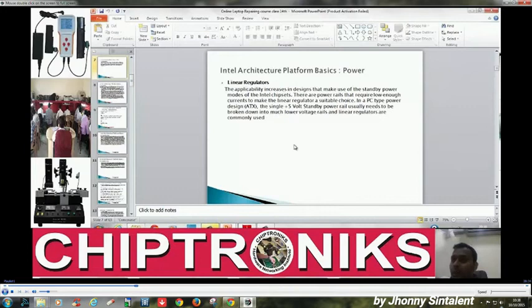Similarly, in the notebook motherboard, when you plug in the adapter or insert the battery, even when you do not press the power button, you already have 3.3 volt. This is all about the standby power supply. And in the 3.3 volt regulator discussion, we already saw there is a generation of 3.3 LDO. This is all about standby power. So that is why we require linear regulators.